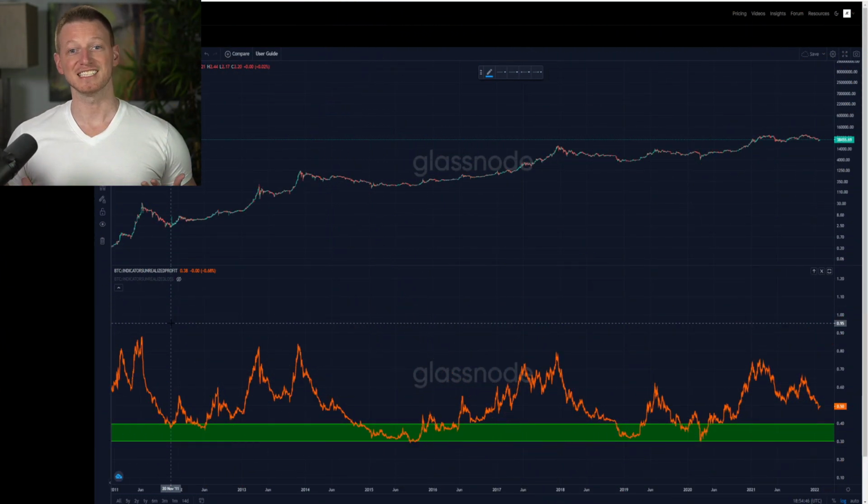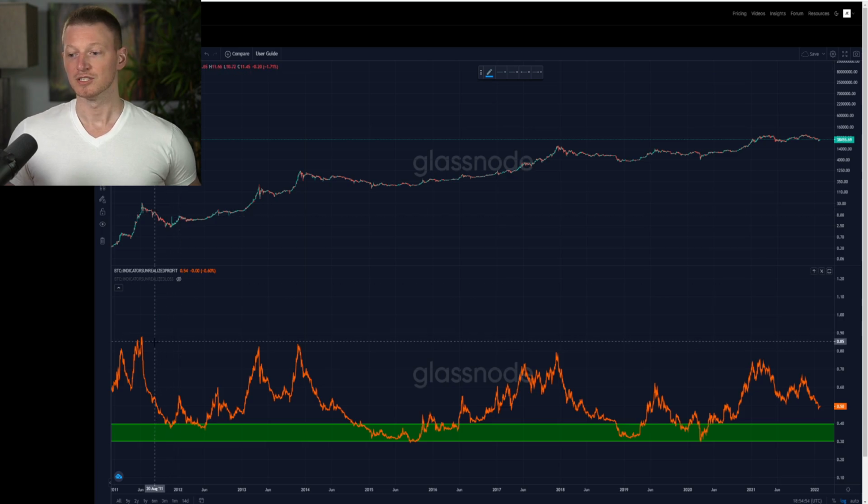Okay, so this is the relative unrealized profit in the orange graph on the bottom. On the top, we simply have the price of Bitcoin. What you can see here is the point at which all of the coins in profit are divided by the market cap.